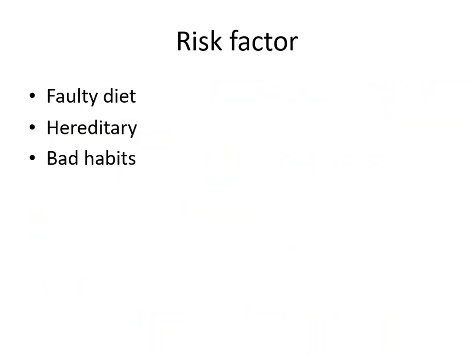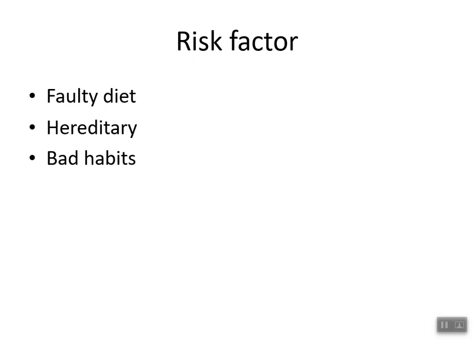Risk factors in that: faulty diet, hereditary, and bad habits. In the faulty diet, if women are taking a diet that is very high in fat and excessive caffeine intake, then it will make the condition worse, and it will be a risk factor.